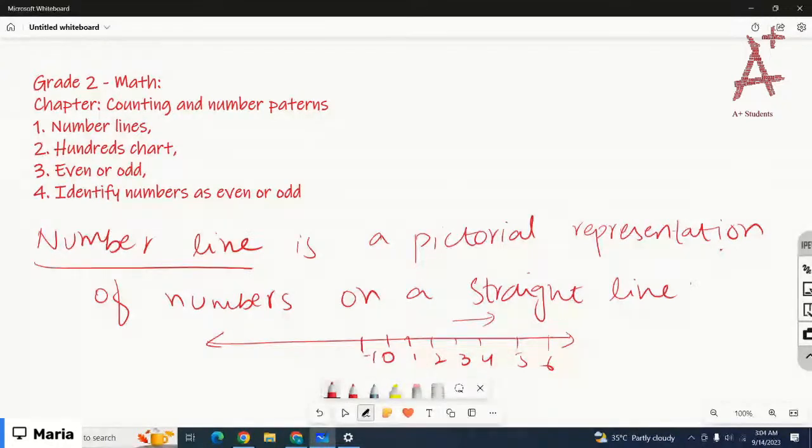And on the left hand side of the number line, you have all negative numbers, right? That is the number line.